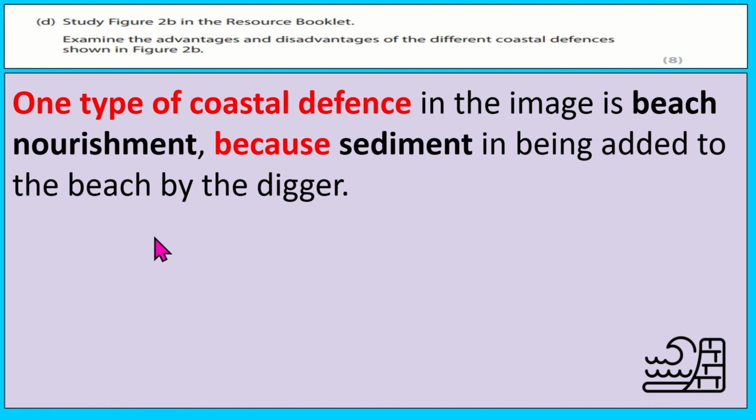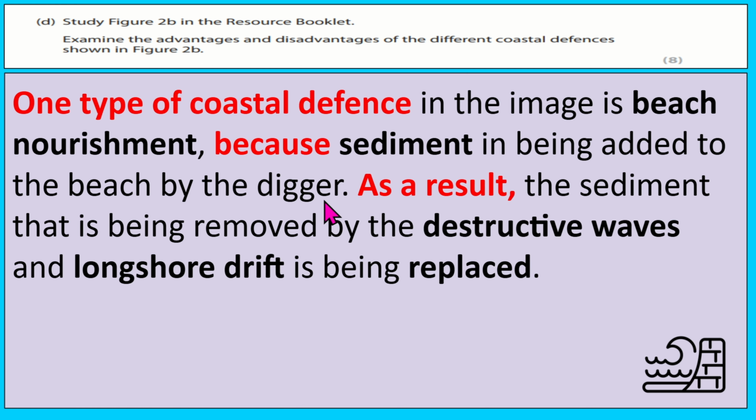Keyword being sediment. So let's then apply it. Let's get those AO4 marks for our application. As a result, the sediment is being removed by the destructive waves and longshore drift is being replaced. Okay, so I'm using my understanding of the process, destructive waves, longshore drift, replaced.